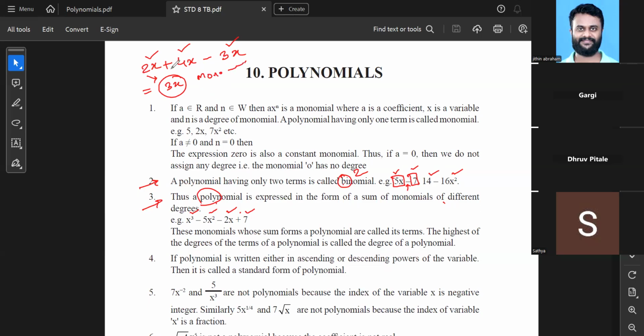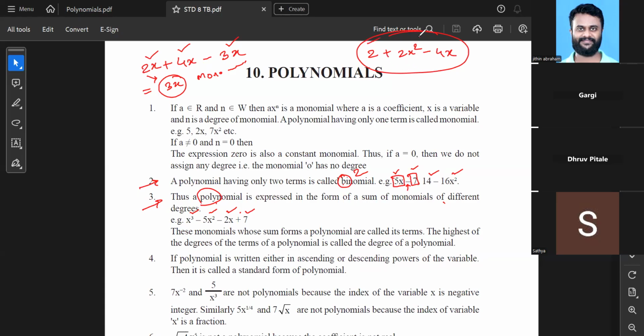Similarly, if instead of 2x it was 2 plus, let's say, 2x square minus 4x, something like that, then I would have called this a polynomial because all the terms have different powers. This is the minimum possible reduction which I could do. Even after reducing so much, there is no scope of further reduction.